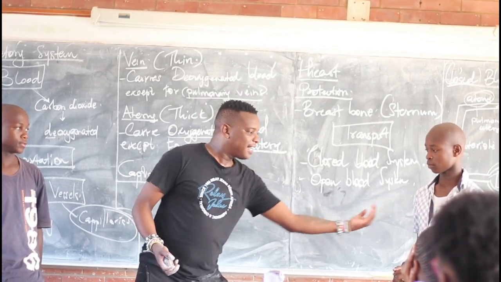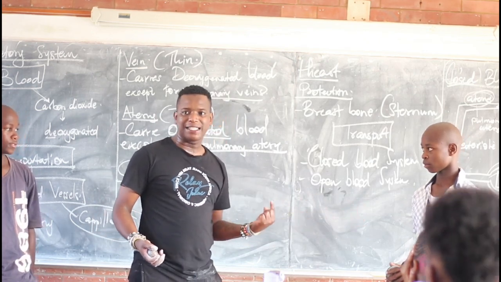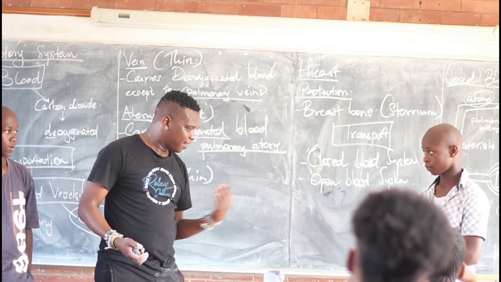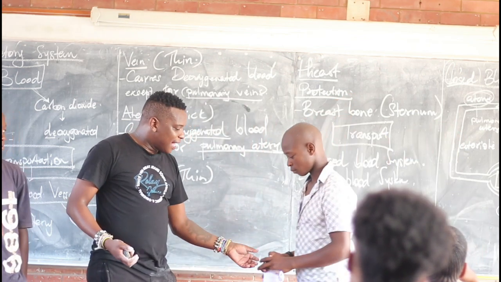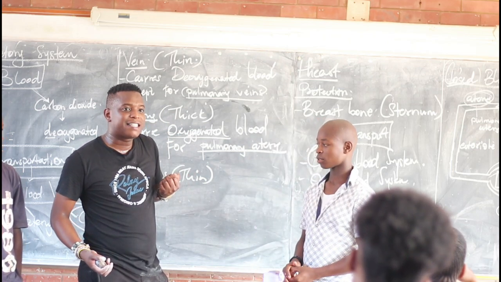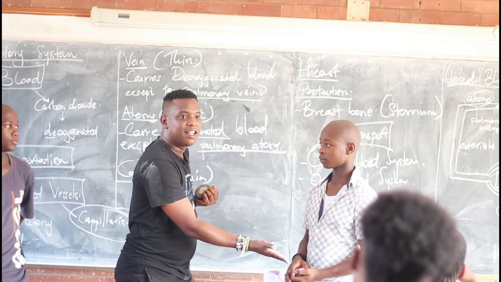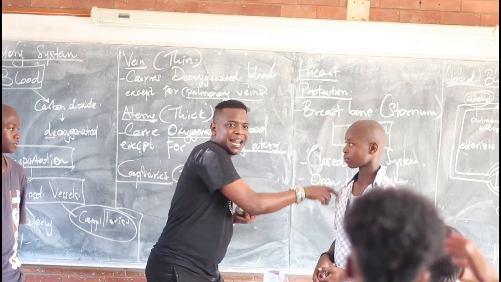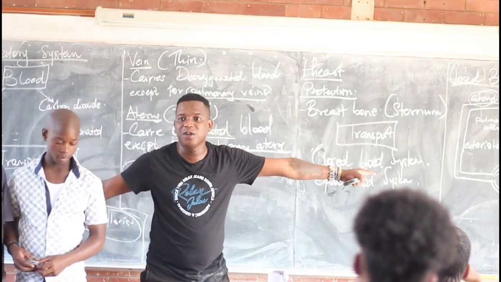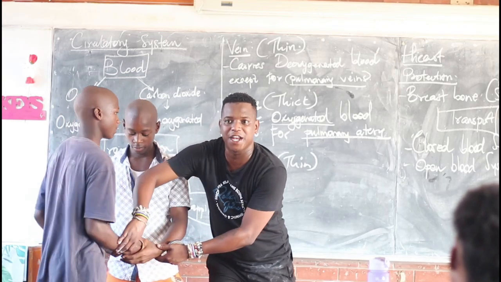This one is coming to me with blood that has carbon dioxide from the heart. He is giving me carbon dioxide, and I'm giving him oxygen. Then the capillaries rejoin and become what? A venule. Both of them are now a venule.